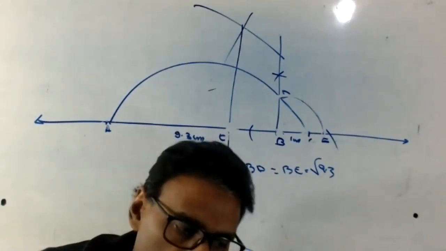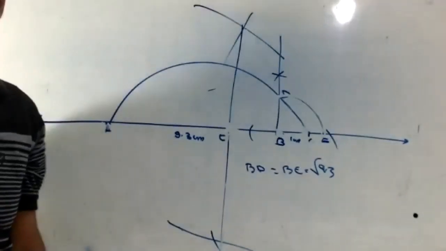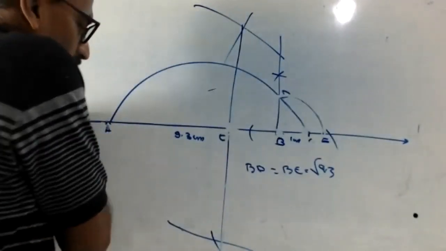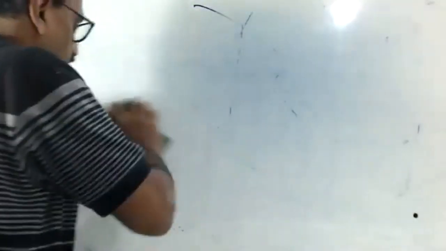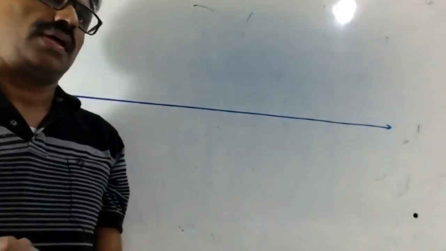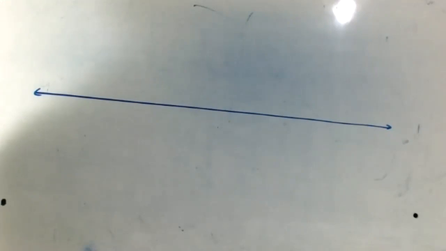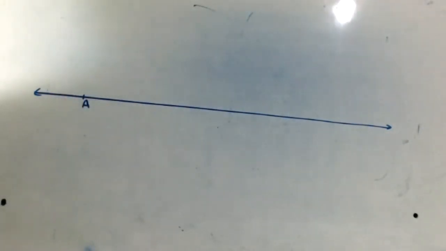Okay, listen here once again. So the steps. Look at here, I'll show again. See, first draw a line. Then mark a point A here.